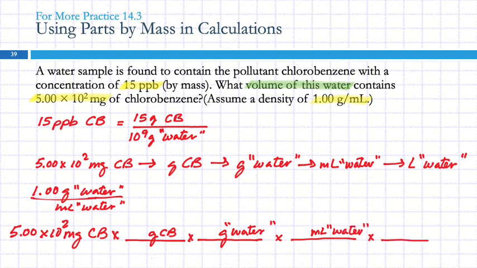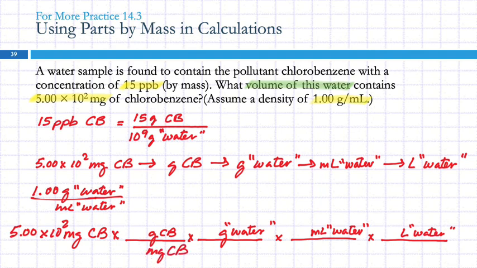And finally to liters of water. Milligrams to grams to grams to milliliters to liters. And this is the same thing we've been doing with stoichiometry. We just use this all over the place.